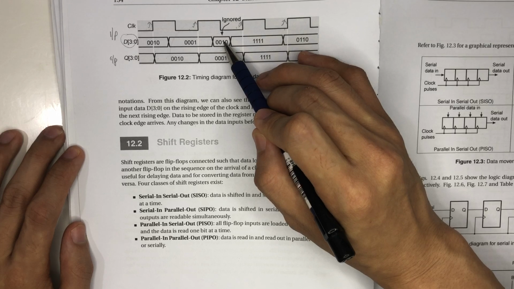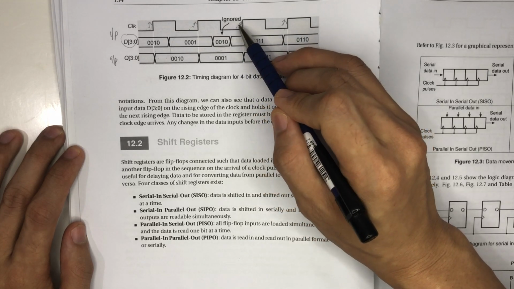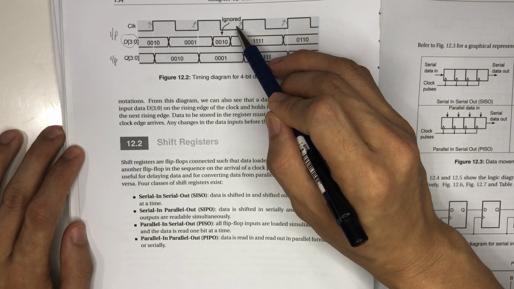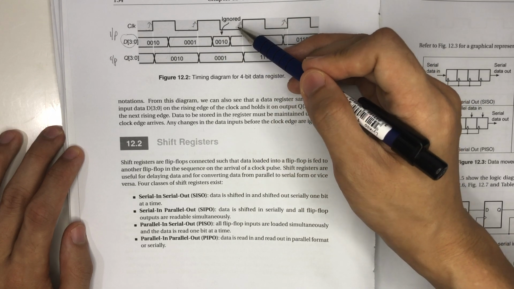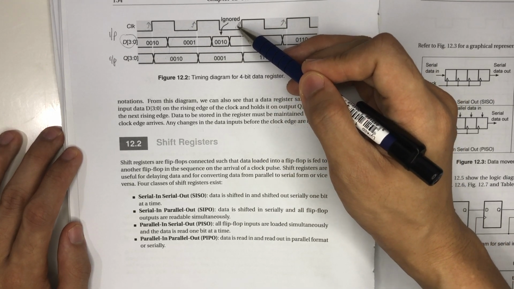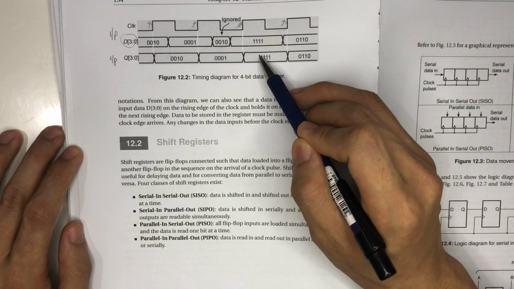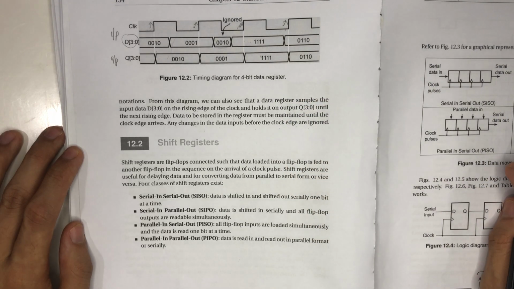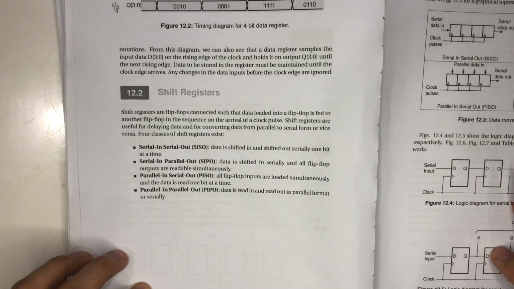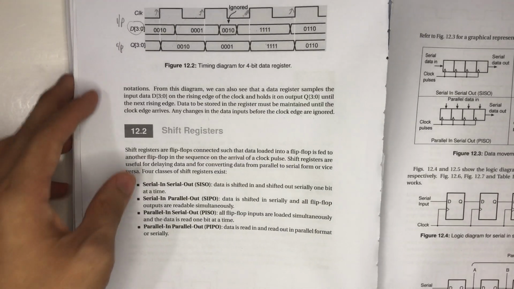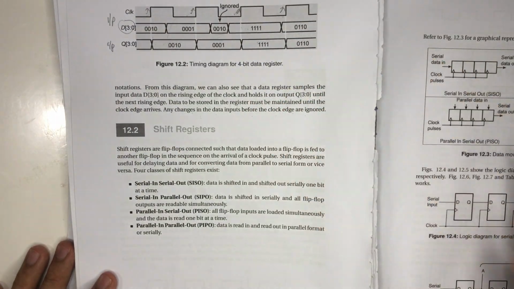So this is ignored, okay. We only consider the input when the clock edge arrives. Okay, like for this one. Okay, this clock edge arrives. So this is why 1111, so you have 11 here for your output, for example. Okay, you may have different combinations, but I hope you understand the concept. Okay, so that's why the intermediate changes before the clock edge, we ignore them.